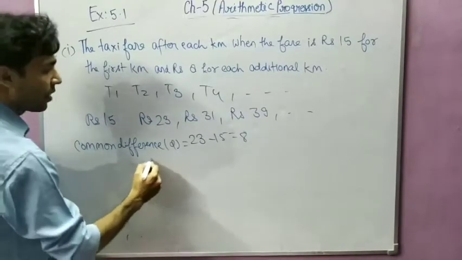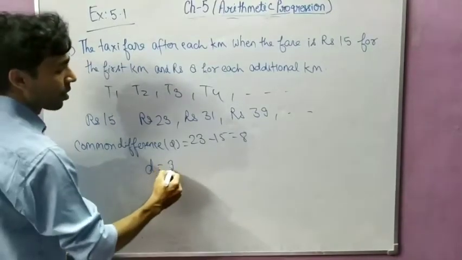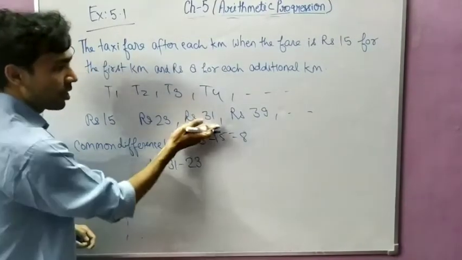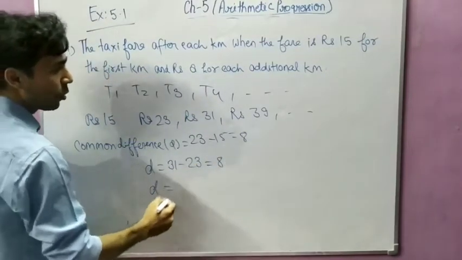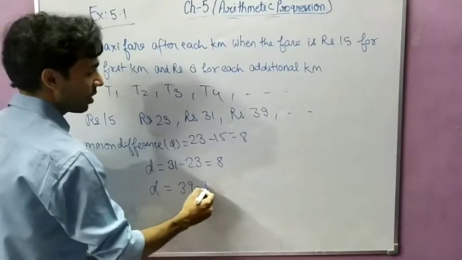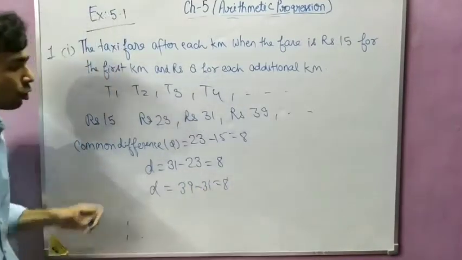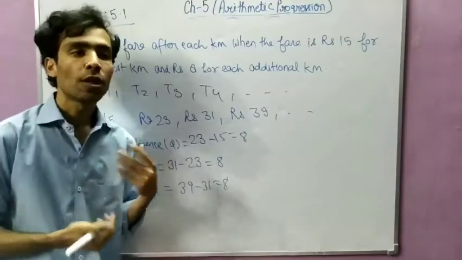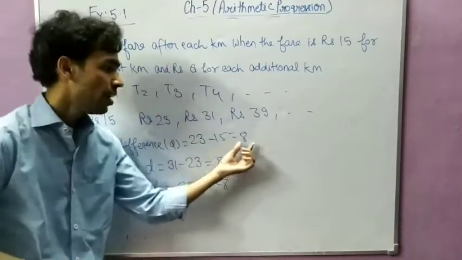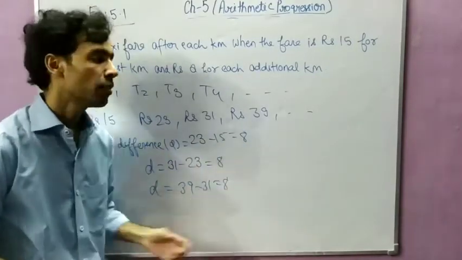Similarly, 31 minus 23 is also 8. Similarly, D equals 39 minus 31, which is also 8. So you can see the costs are forming an AP because the common difference is the same. Here it is 8, here also 8, here also 8.